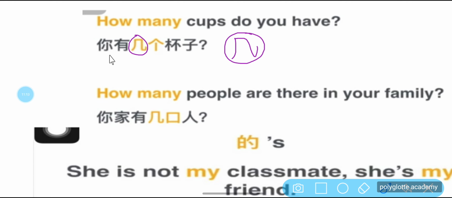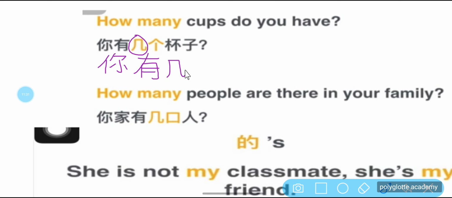So 你有几个杯子 for demonstration. 你有几个杯子？How many cups do you have?